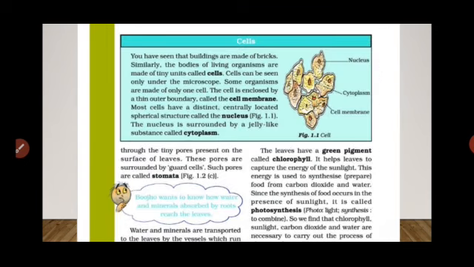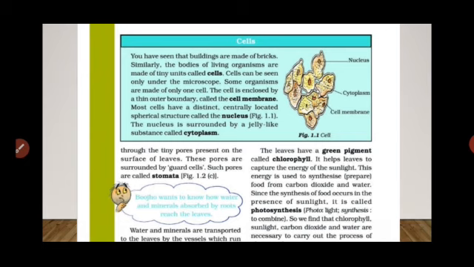And students, on this page there is also a small box, and that is for our information, and that is about cells. Now students, we are learning about plants, human beings and animals, and how they make food, how they get food.